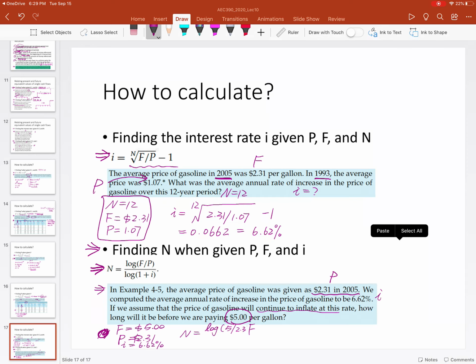So log of 5 over 2.31, over log of 1 plus 6.62%.